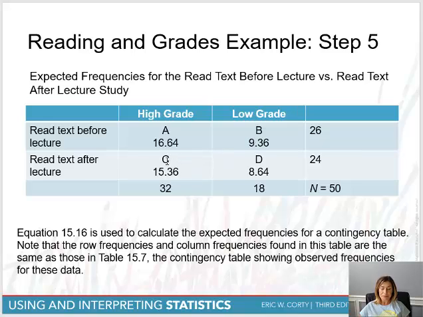For cell C, we have a row frequency 24 times column 32 divided by 50 is equal to 15.36. And then for cell D, column is 24 times row 18 divided by 50 is 8.64. So if there's no relationship between when you read and how well you do in this class, these are the frequencies that we should observe.